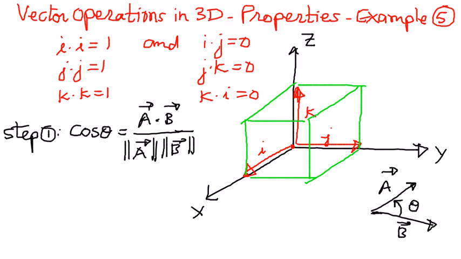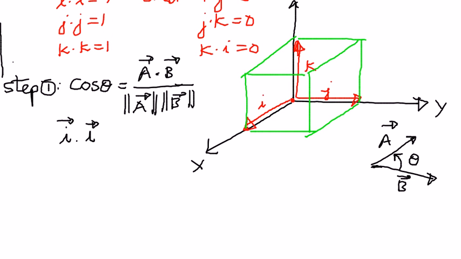Now, instead of vector A and vector B, vector A is vector I for us, and vector B is also vector I for us. And therefore, if we want to find the angle between these two, the way to do that is as follows. Cosine theta.